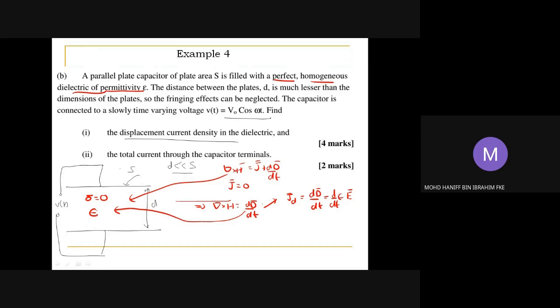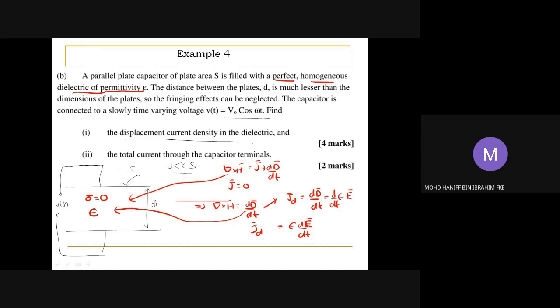It is the rate of change of the electric field intensity in this material. So if we work on this, J_D will be equal to epsilon dE over dt.